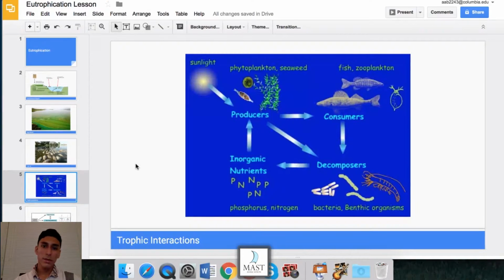Now, another interesting thing about eutrophication is that it's a very good example of trophic structure interactions. A trophic structure is also known as a food web, composed of the different levels of consumption within an ecosystem, from producer to primary consumer and so on.